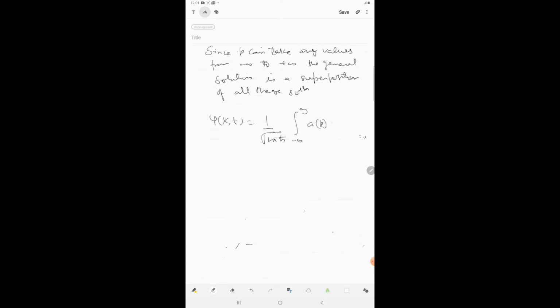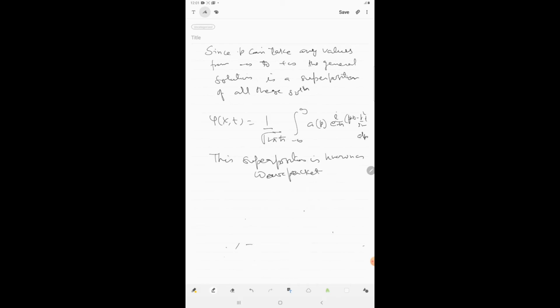This constant can be given a name A(p), e to the power i upon ħ (px minus p² by 2m t) into dp. And this superposition is known as a wave packet.